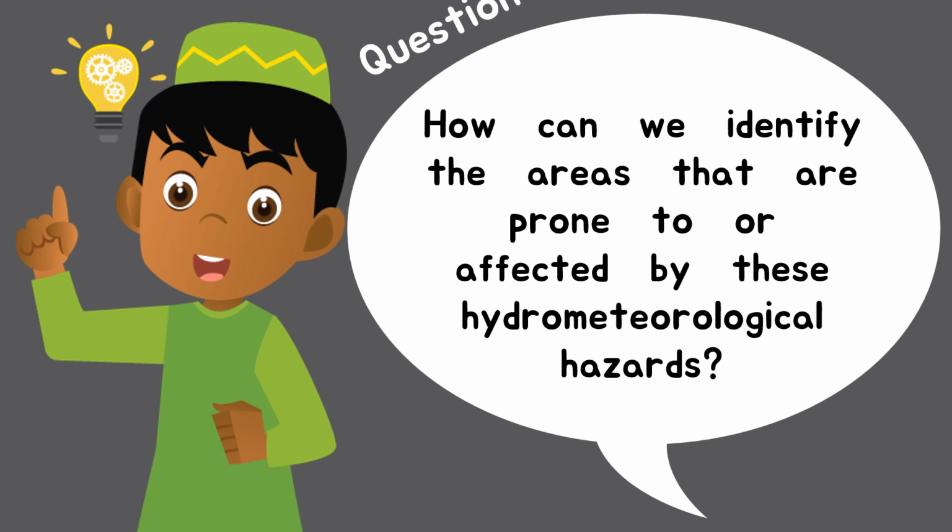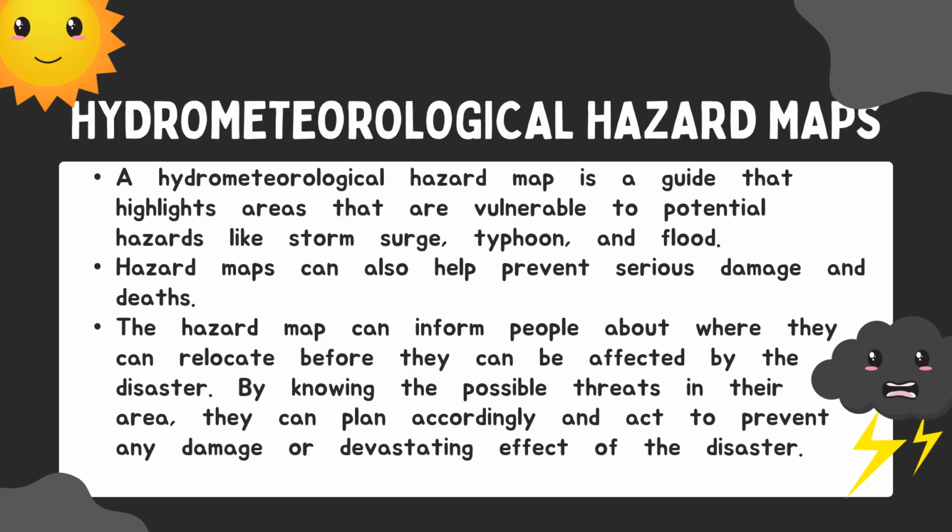Now, how can we identify the areas that are prone to or affected by these hydrometeorological hazards? So the answer is very simple, by having hazard maps. Okay, so same with the different kinds of hazards, hydrometeorological hazard can also be explained and interpreted by the use of a hazard map.